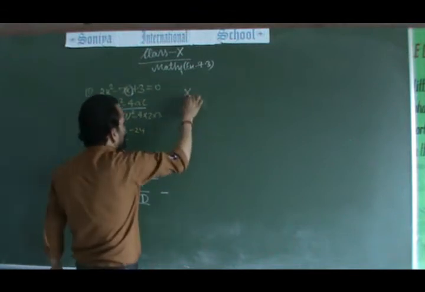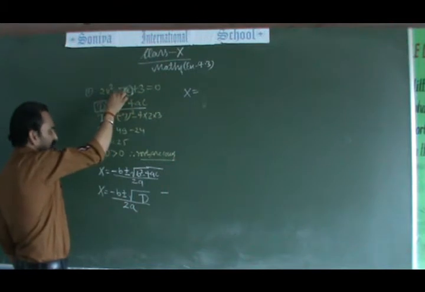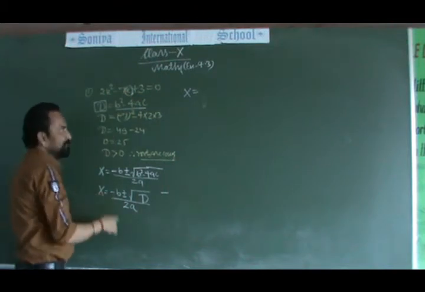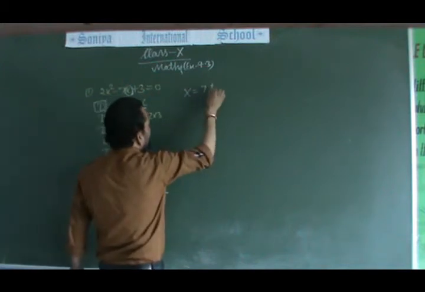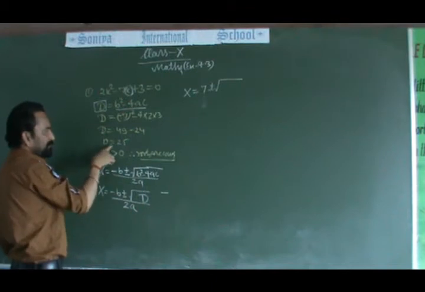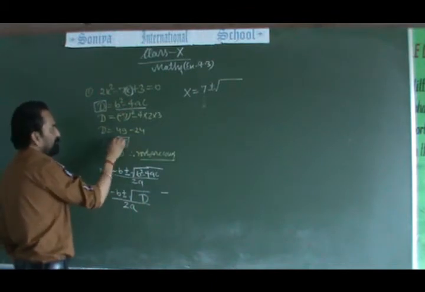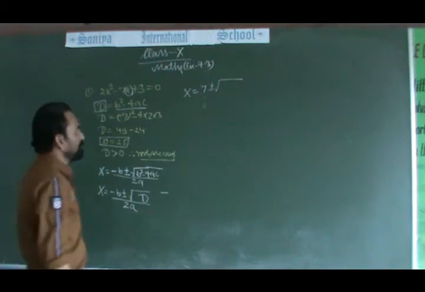So what are the roots? Minus b, what is the value of b? Minus 7. Already minus is present here, so minus into minus is plus 7, plus minus under root of d. Already we have calculated the value of d. What is the value of d calculated by us? The value of the discriminant d equals 25.